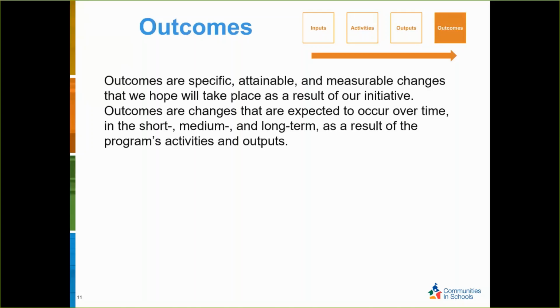Outcomes are often grouped according to the order in which we expect the results of the outputs to occur. Immediate or short-term outcomes result directly from the delivery of outputs. Intermediate or medium-term outcomes are the changes anticipated after immediate outcomes are achieved.